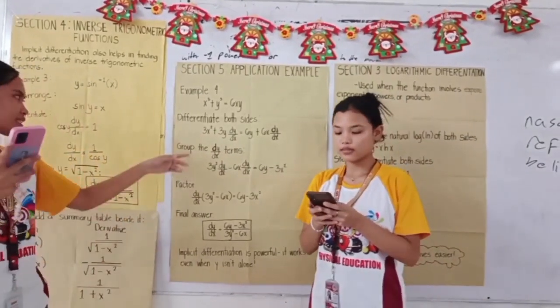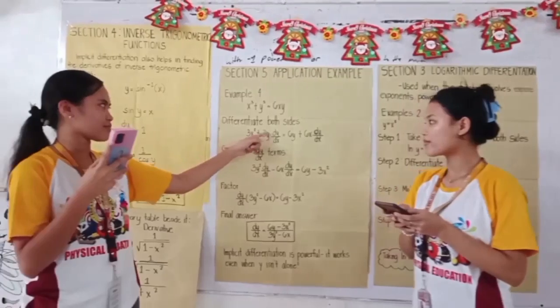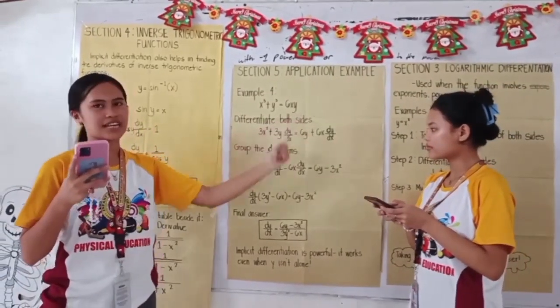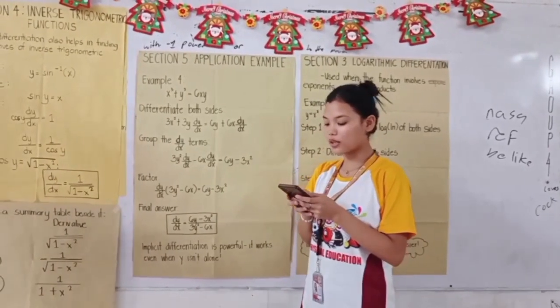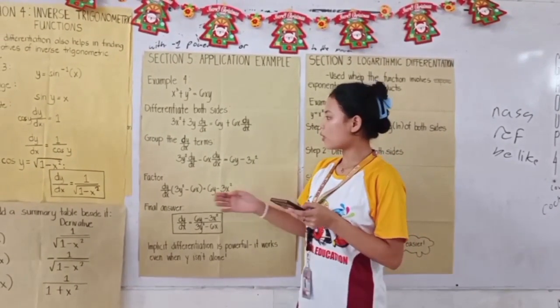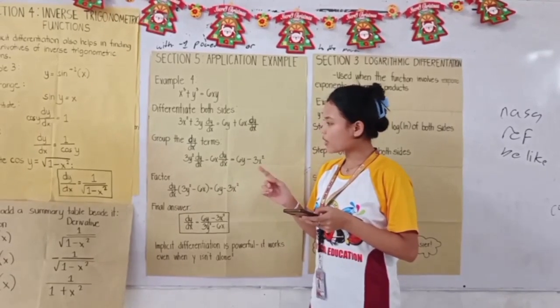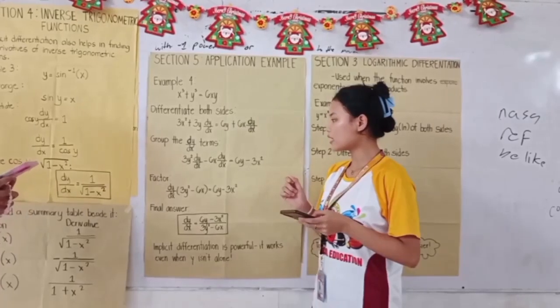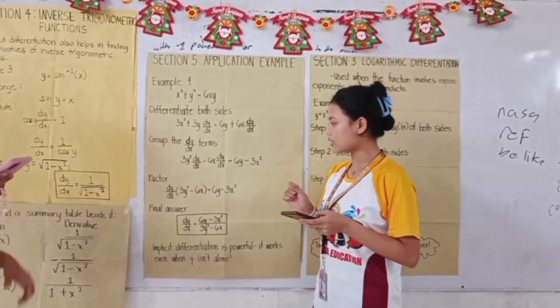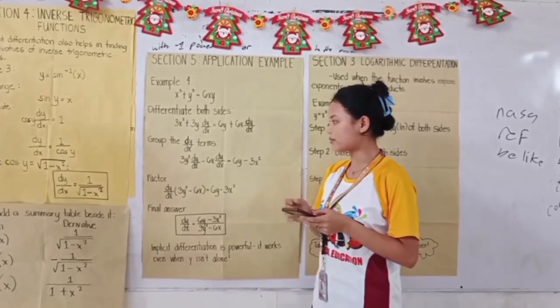So this is why we get this, because we differentiated both sides. So next is we group the terms with dy over dx. So 3y squared dy over dx minus 6x dy over dx is equal to 6y minus 3x squared.